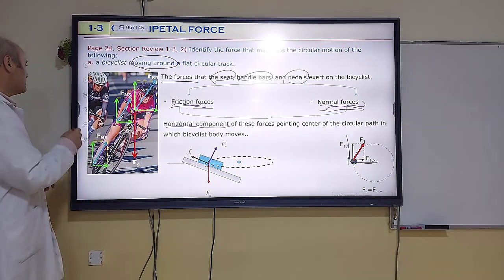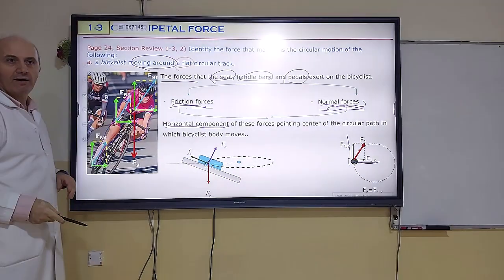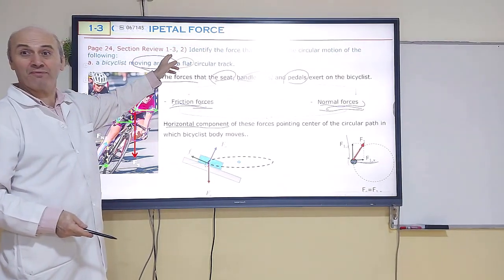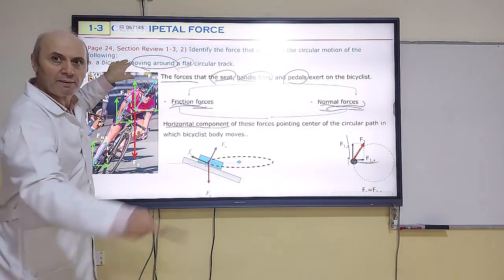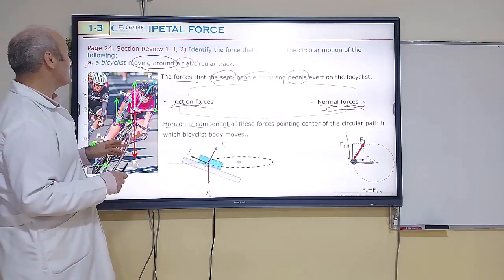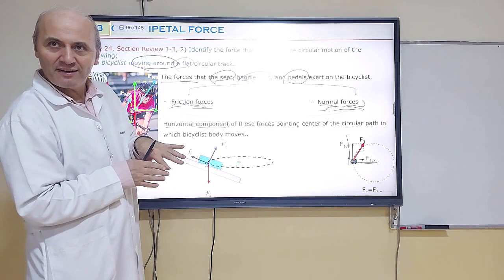One more thing. Sometimes you ask a teacher, in here also it says flat circular track. But this flat circular track is not talking about the cyclist in fact. It's talking about the bicycle. The bicycle is on the flat circular track. The cyclist's surface is not flat, it's inclined.